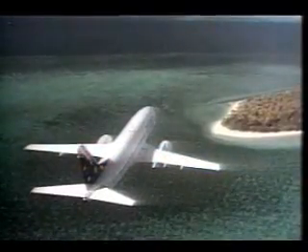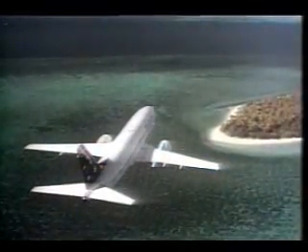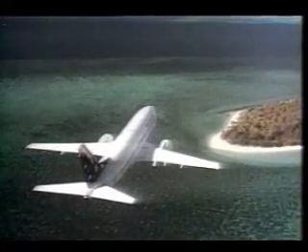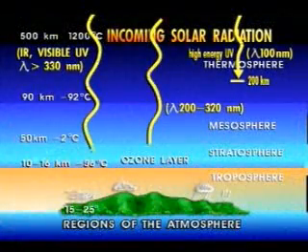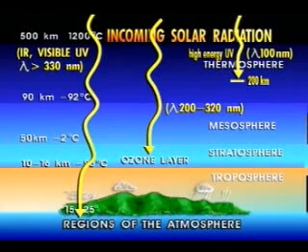Most jet planes and supersonic transports fly efficiently in this region due to the absence of turbulence. Short wavelength ultraviolet radiations, 200 to 300 nanometers, can penetrate the middle region of the stratosphere, but are mostly absorbed by oxygen and ozone molecules. This energy is used for air circulation 30 kilometers above the Earth's surface.